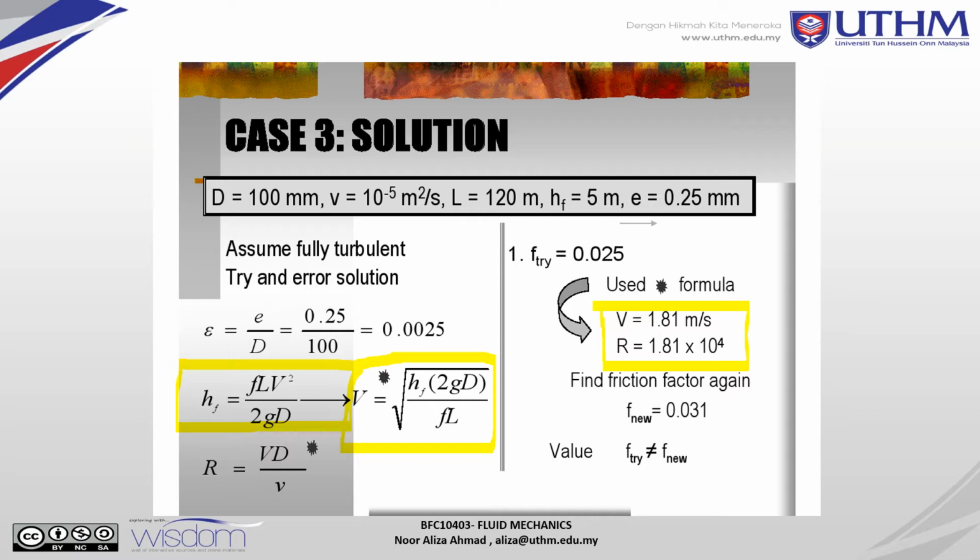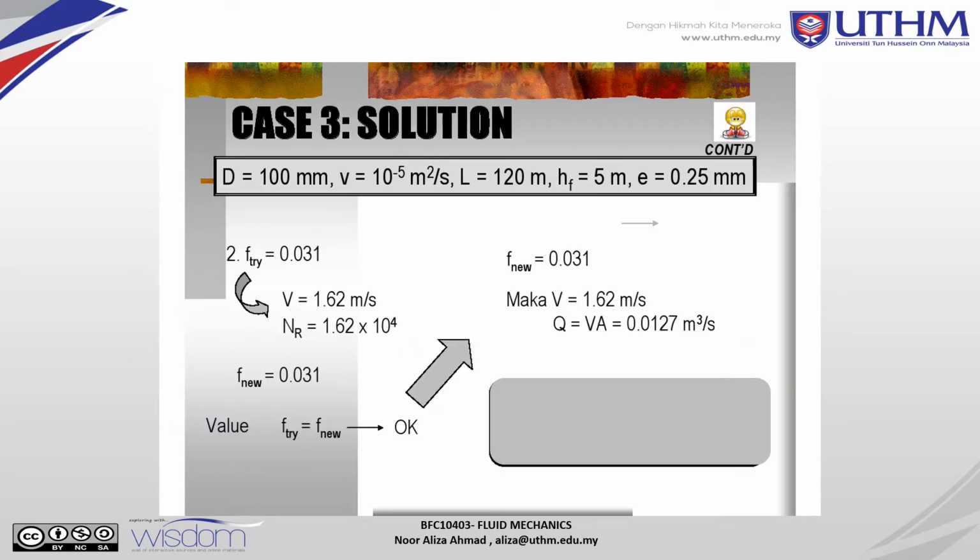From this value, you must find the friction factor again from the Moody chart. From the Moody chart, you continue with the F trial. Using F trial 2, you use the F you got from trial 1, so you use 0.031.